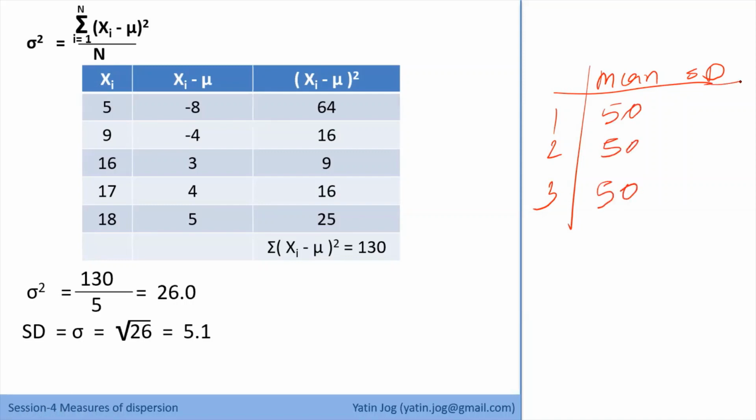The standard deviation in the first case is only 20, in the second case it is 60, and in the third case it is 110. So now can you try to visualize the data sets, how they will be or can be? Any guess?